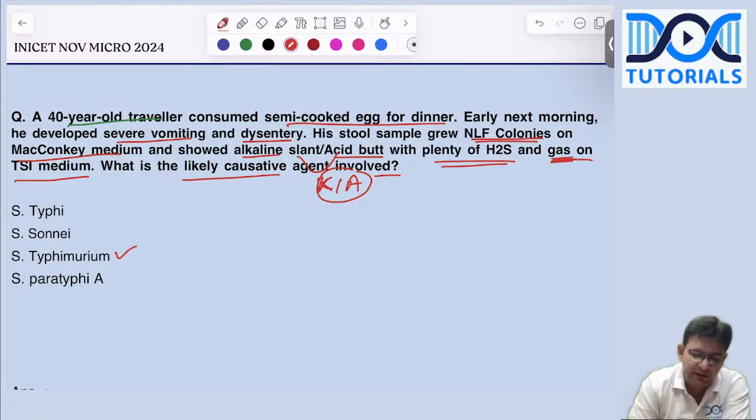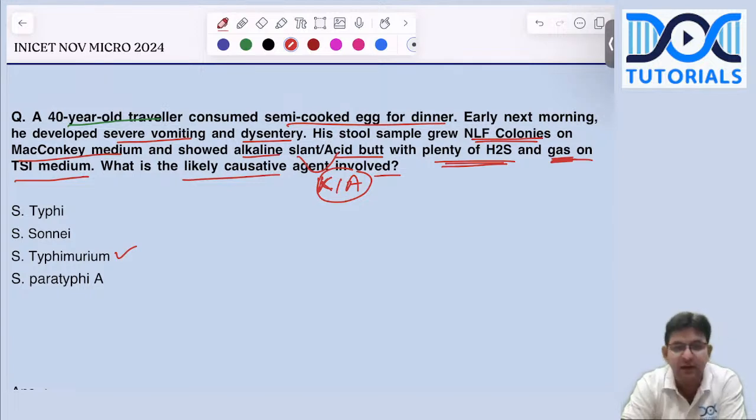It is having this K by A TSI slant. Plenty of H2S is also there, and there is gas in the TSI. So the answer is Salmonella typhimurium. That is option C rather than Salmonella typhi.